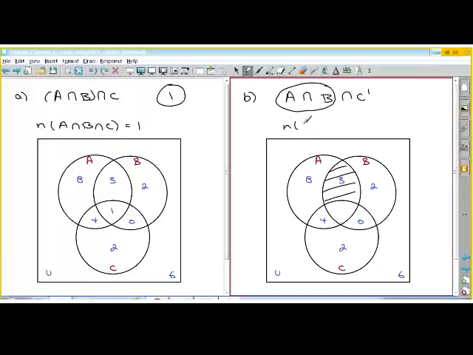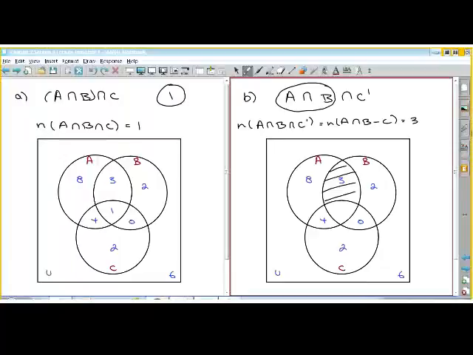The number is 3. I'm going to write this two ways. I'm going to write it this way, and the other way, where I replace the intersection with the complement by the subtraction sign.